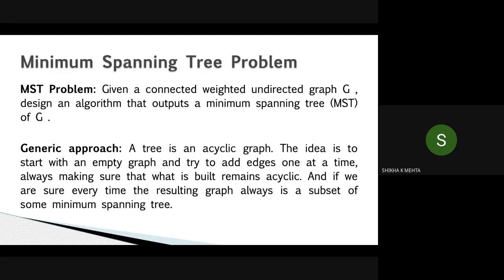We cannot have cycles; if an edge forms a cycle, you have to discard that edge. The idea is to start with an empty graph, add edges one at a time, and always make sure that what is built remains acyclic. We also make sure that the resulting graph is always a subset of some minimum spanning tree. This is the generic approach that we apply for solving the problem.